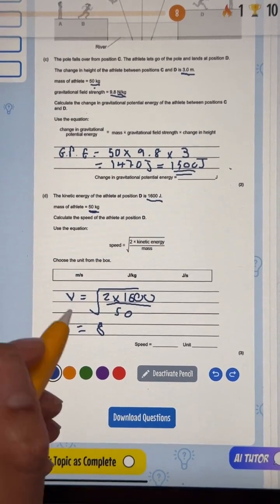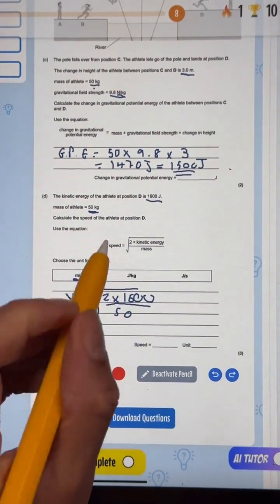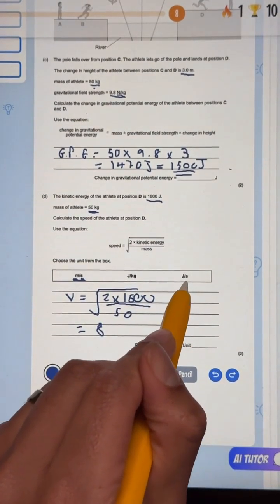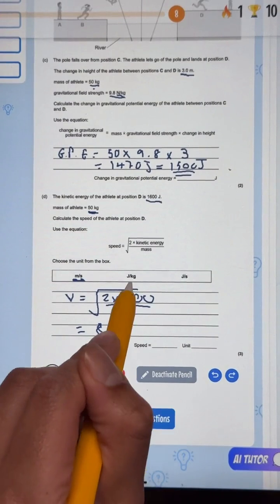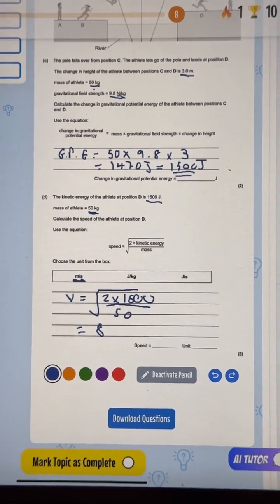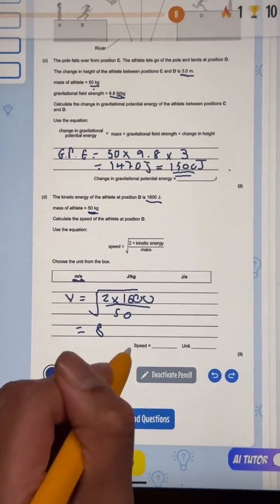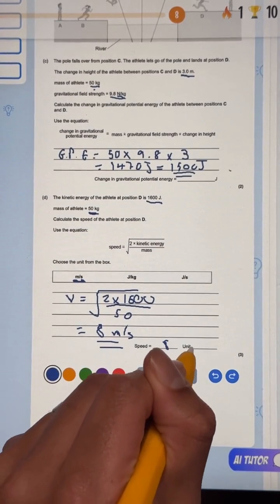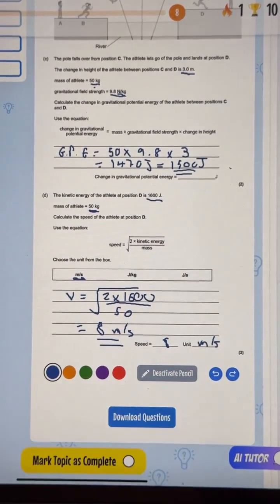Geordie, meters per second. Perfect. Thank you very much. Yes, speed is meters per second. If we go through the different units, joules per second is actually for power, and joules per kilogram is a measure of specific latent heat. So neither of those are for speed. Amna, yep, correct. Meters per second. There you go. 8 meters per second.